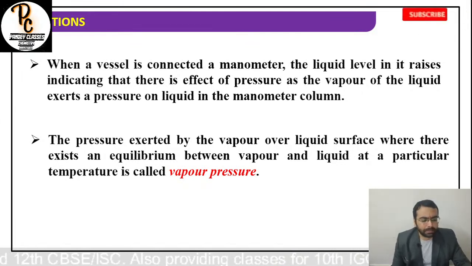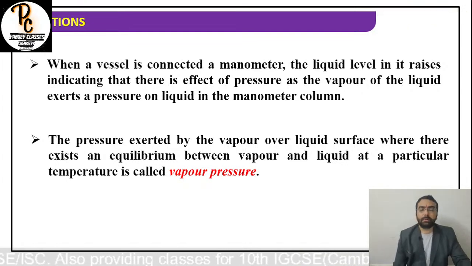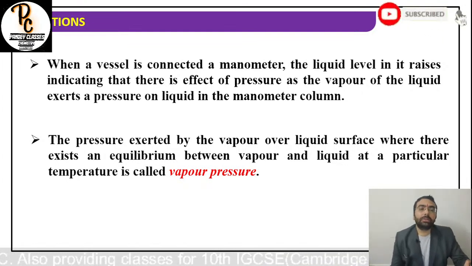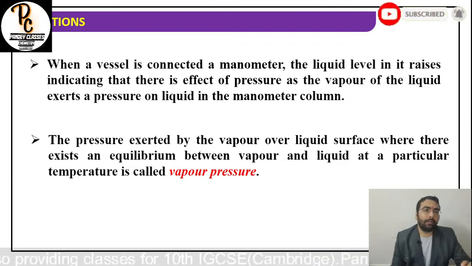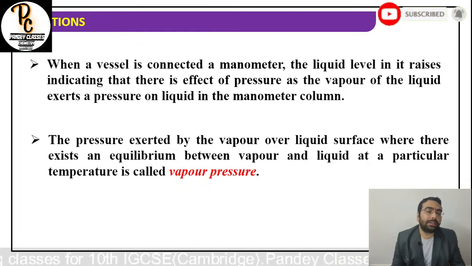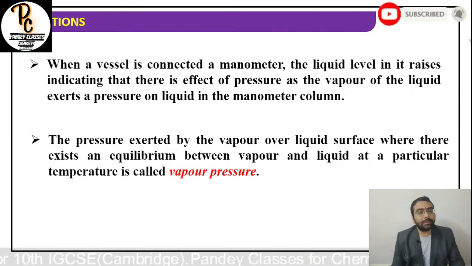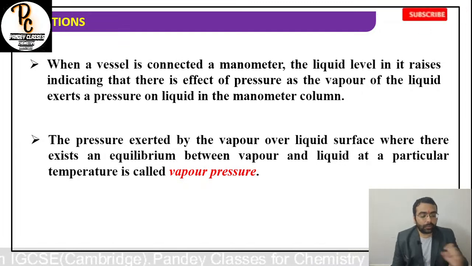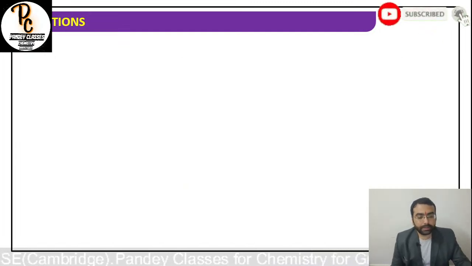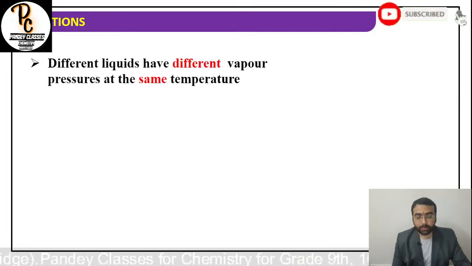In simple terms, you can just remember that vapor pressure is simply the pressure exerted by the vapor on the walls of the container, or on the surface of the liquid. Different liquids have different vapor pressure. Why?